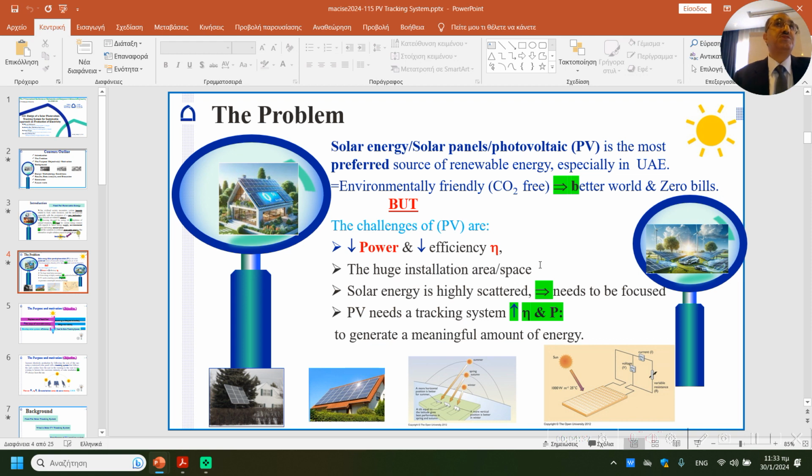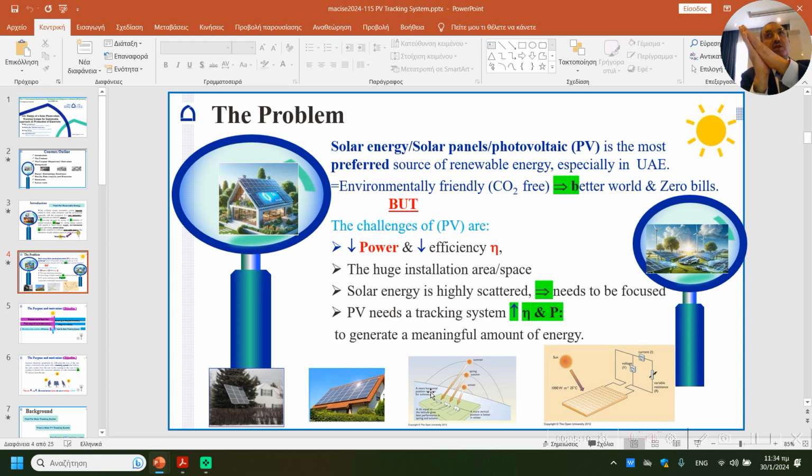What is the objective? Increase the efficiency and the power output. The PV needs a tracking system to increase the efficiency, to increase the power output, to generate a meaningful amount of energy. If we look at this small figure here, we will find the solar panel is usually installed fixed. And you know that the motion of the sun is different from winter to summer.